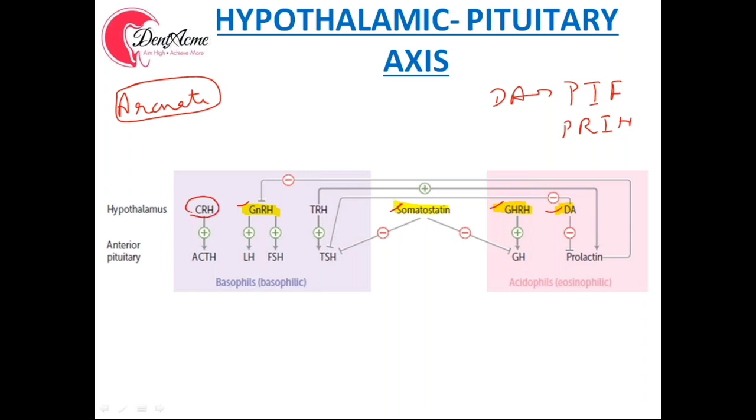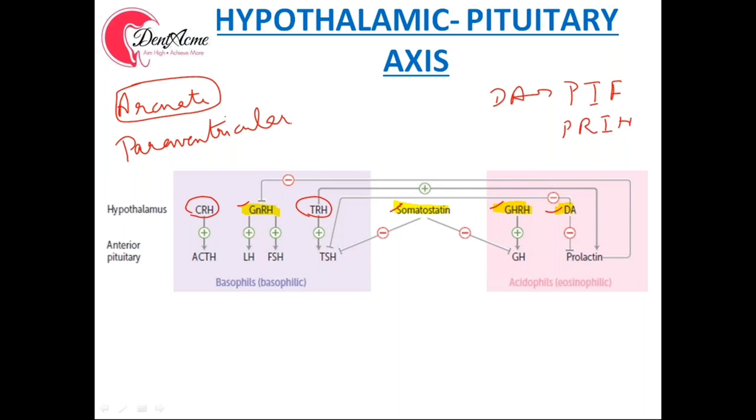Whereas CRH and TRH are secreted from the paraventricular nucleus. So these are the six main hormones which are secreted by the hypothalamus.